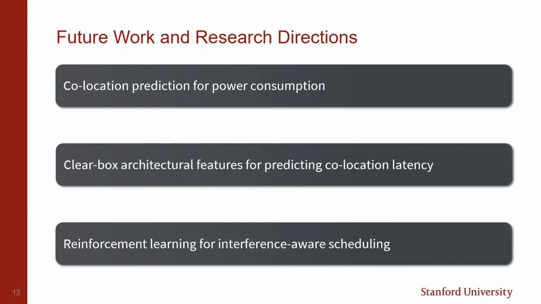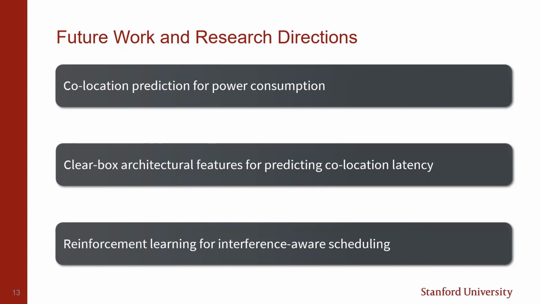To briefly list a few more potential research directions, another path is to investigate how to develop collocation prediction for power consumption. Essentially, instead of developing predictors for latency degradation, we develop predictors for power consumption. Then we may develop a scheduler that can optimize for power consumption.